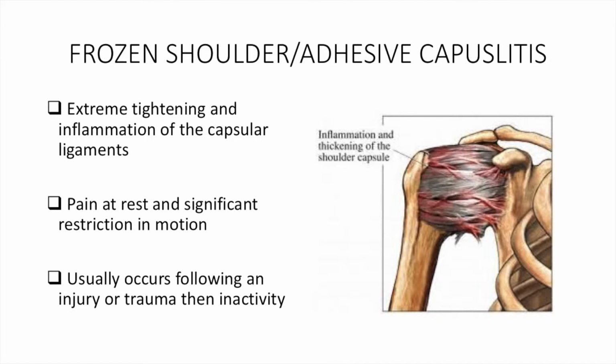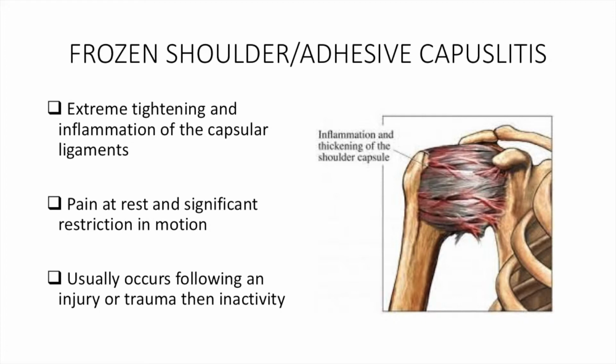The next diagnosis was frozen shoulder, also called adhesive capsulitis. This is an extreme tightening and inflammation of the capsular ligaments. Your shoulder is a ball and socket joint. Think of it like a golf ball sitting on a tee, where the golf ball is the ball part and the tee is the socket.